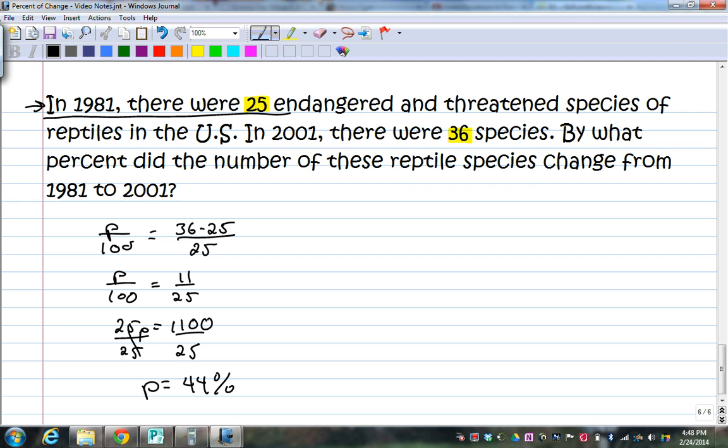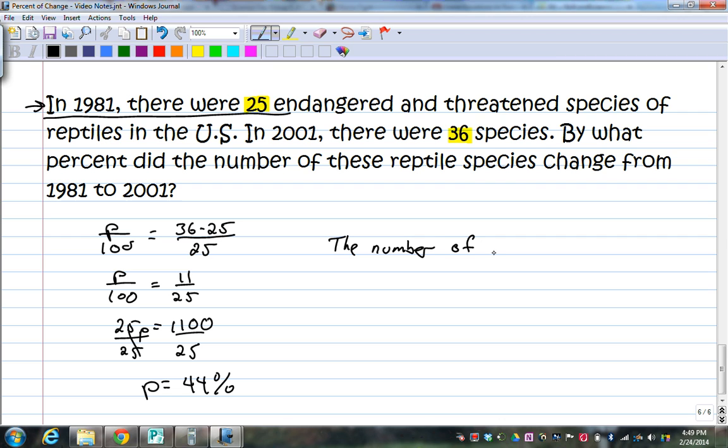Excuse me again. Now, looking at the problem, it asks by what percent the number of reptile species changed from 1981 to 2001. So the way that you would answer this is you would say the number, because remember we answer word problems in the form of a sentence.